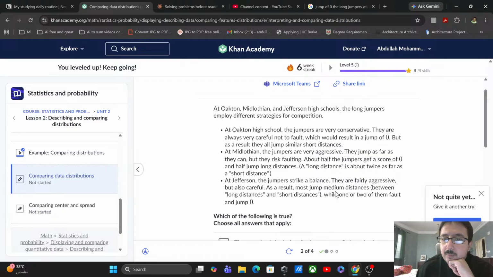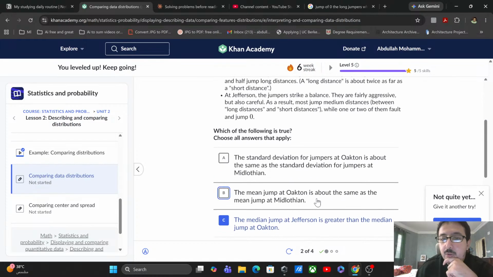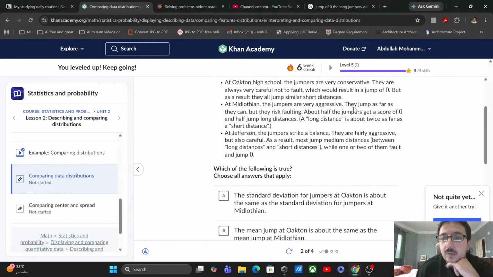Most jump medium distances, while one or two of them fault and jump 0.